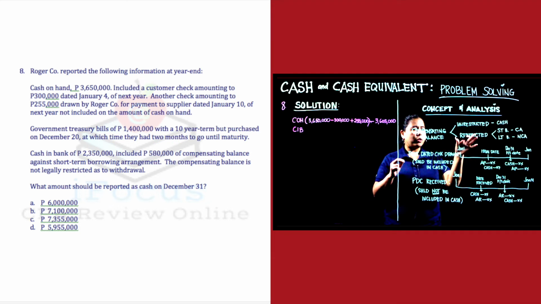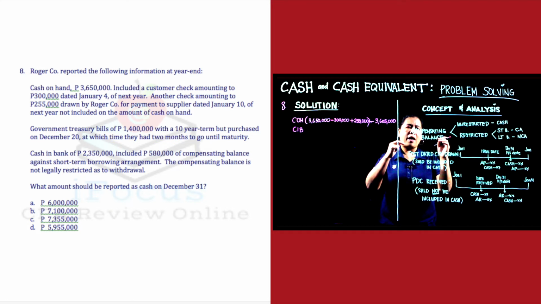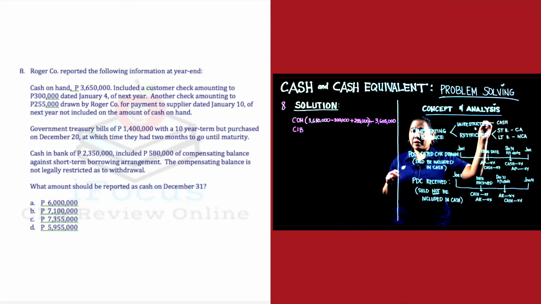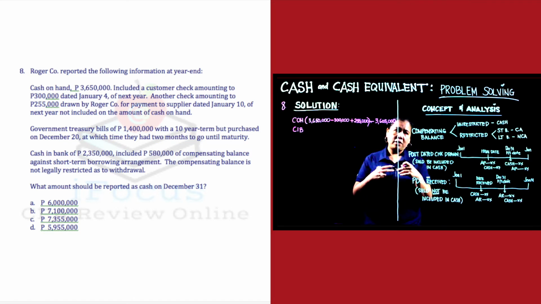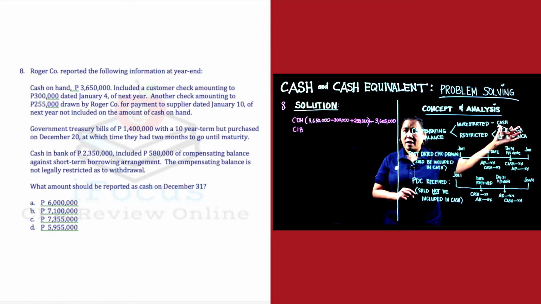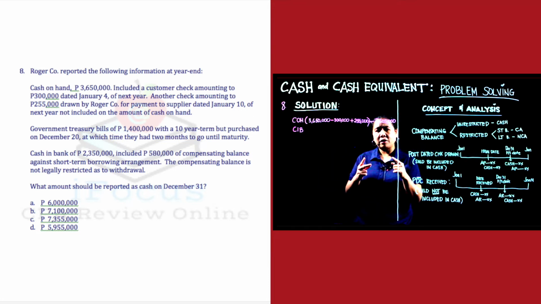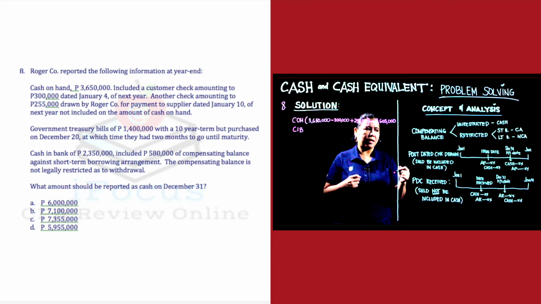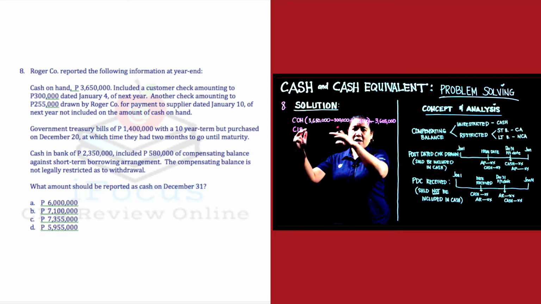Kapag restricted naman siya, and this compensating balance arises from the short-term borrowing, ika-classify natin yan as a current asset. Kapag it arises from the long-term borrowing, then we classify that as non-current assets. So therefore, itong 580,000 dahil hindi ito legally restricted, unrestricted siya, kasama siya sa cash in bank.